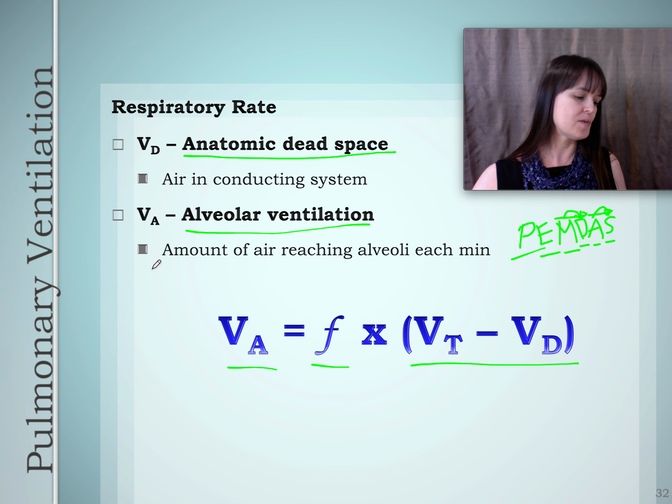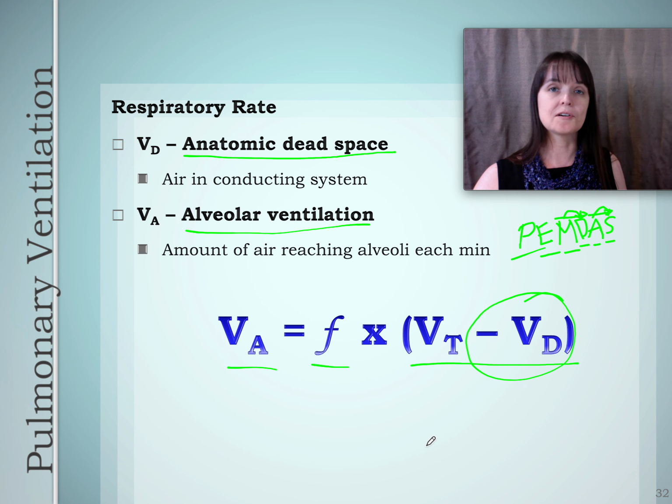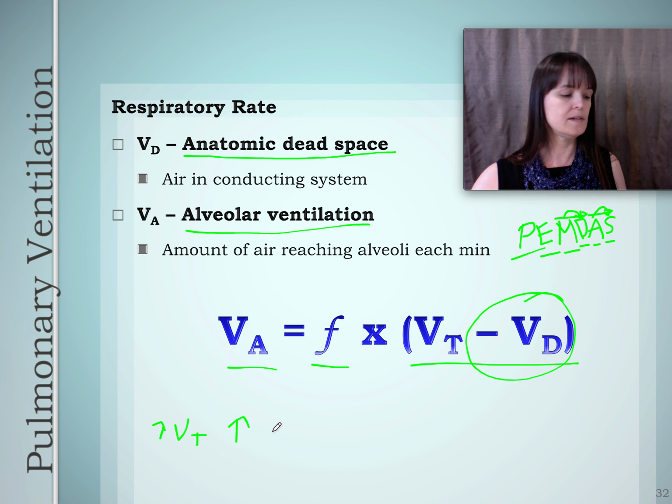Why is the alveolar ventilation rate more important than the respiratory minute volume? Because we subtract out the air in the anatomic dead space that isn't doing us any good. It determines the actual rate of oxygen delivered to the alveoli, which are the exchange surface. And then I have 2 bullets at the bottom of that page: if you increase the tidal volume, you increase the alveolar ventilation.